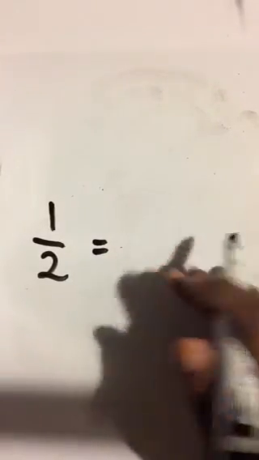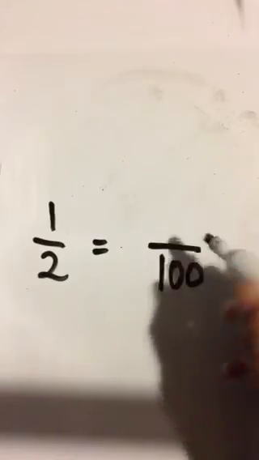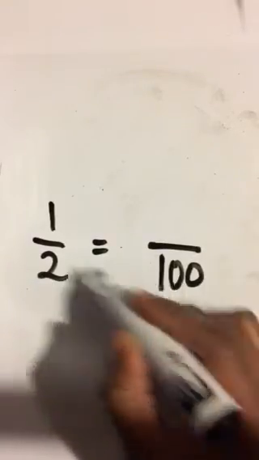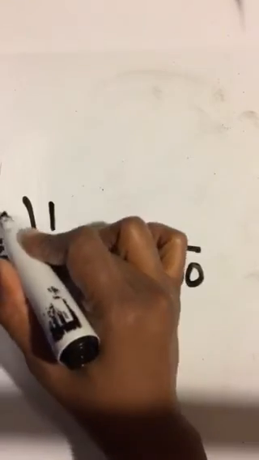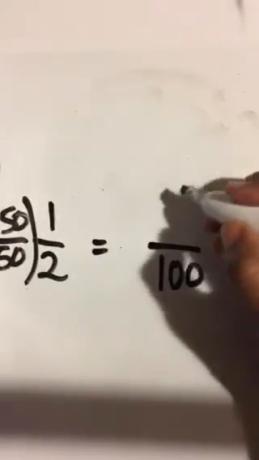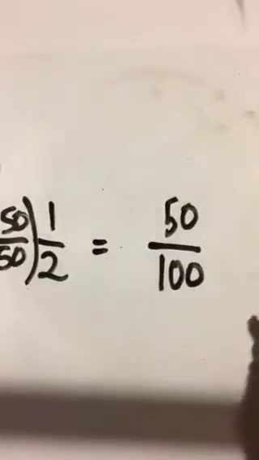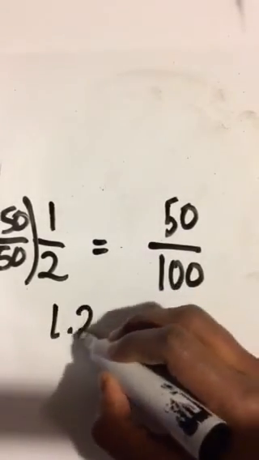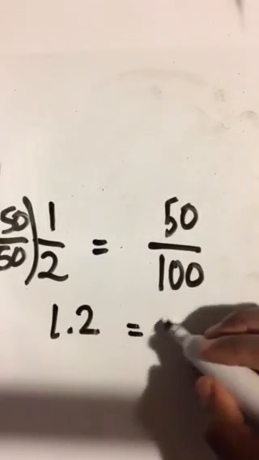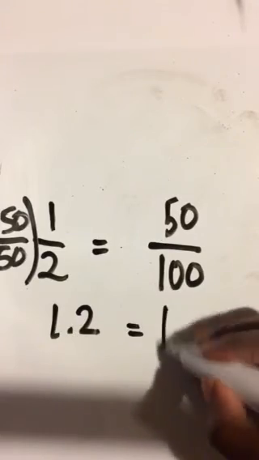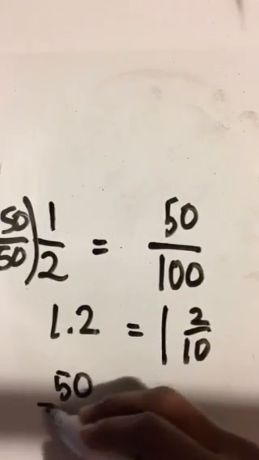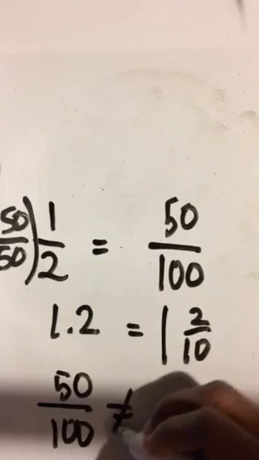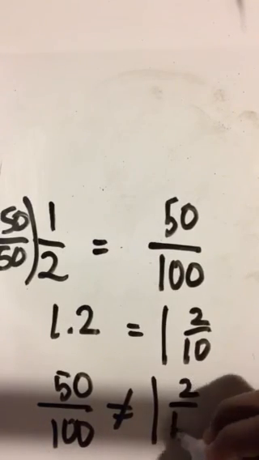But if we remember, what do 2 and 100 have to do with each other? Well, 2 goes into 100 50 times, and then 50 times 1 is 50. And then if we remember 1 and 2/10, that's a tenth, so we would say the fraction and write the decimal. As you can see, 50 hundredths does not equal 1 and 2/10.